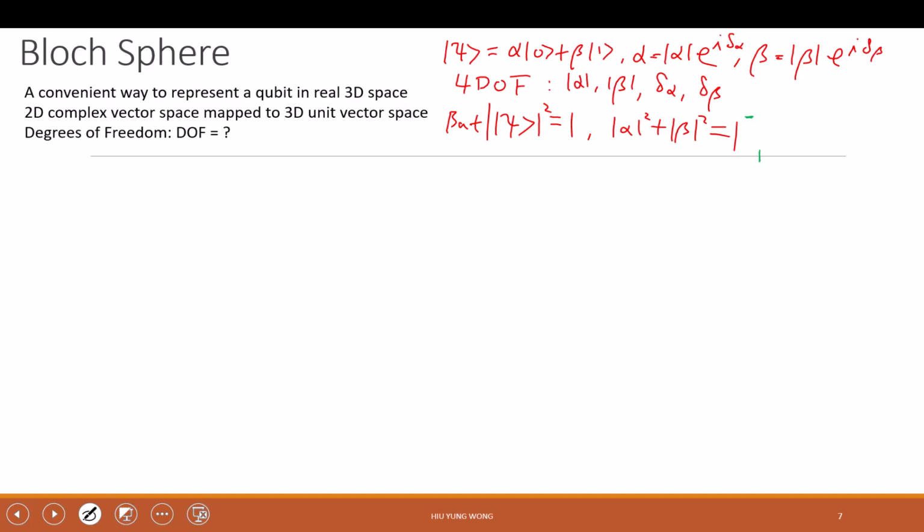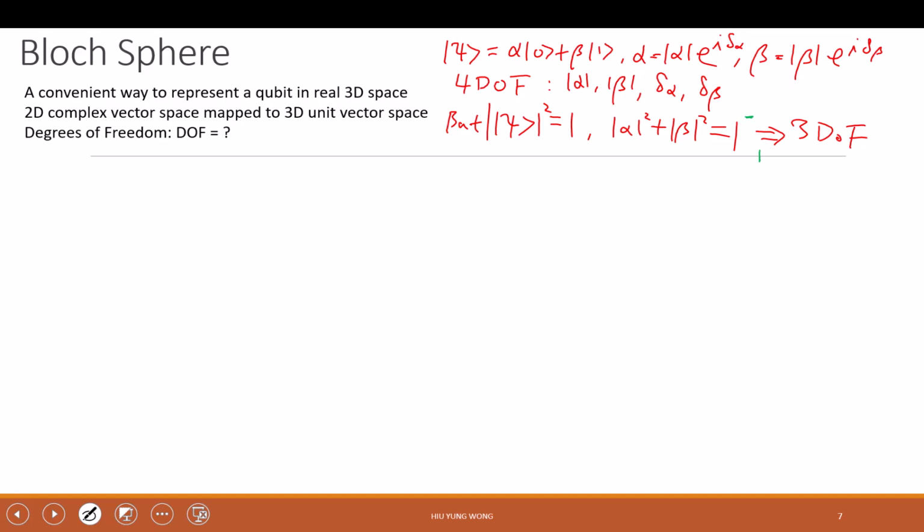So you don't have the freedom to choose arbitrary alpha magnitude and beta magnitude. Once you pick alpha, I know what the beta magnitude is right away because of this constraint. Make sense? Okay, so now it has only 3 degrees of freedom. But I'm going to show you that we are going to reduce it to 2 degrees of freedom. But now we have 3, okay?